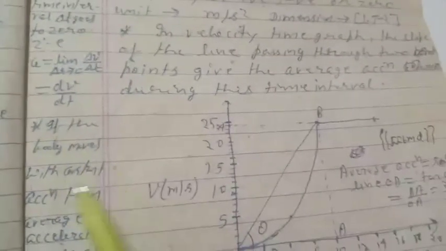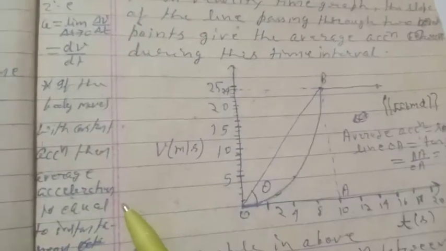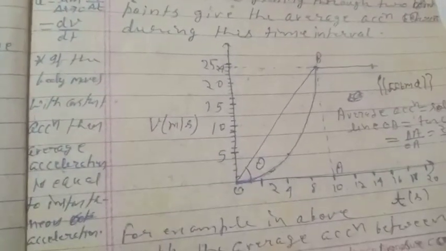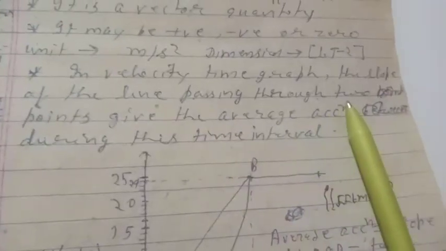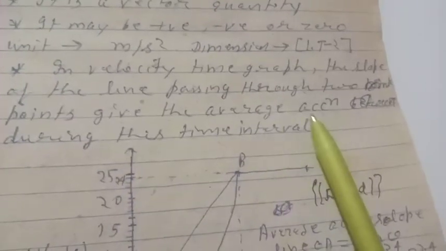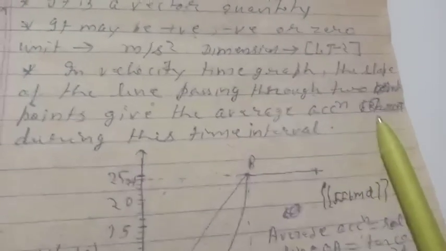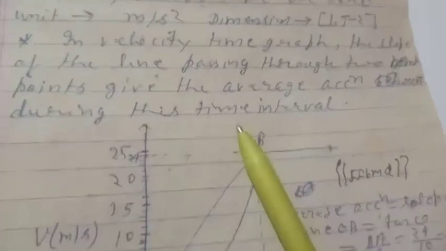The next point is, if the body moves with constant acceleration, then average acceleration is equal to instantaneous acceleration. Also, in a velocity time graph, the slope of the line passing through 2 points gives the average acceleration during this time interval.